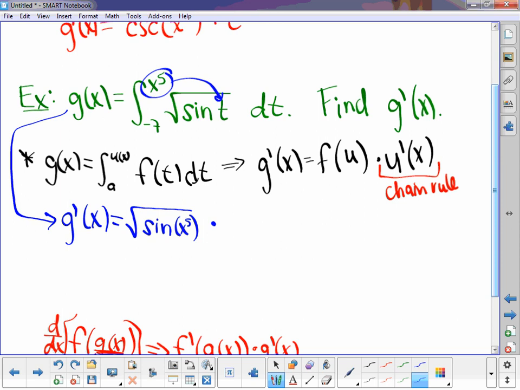And what's the derivative of x to the fifth? That's all that changes. We're still taking that, putting it in, but I multiply by the derivative of the inside. Oh, 5x to the fourth, thank you. We're doing the derivative of the inside, where this is my inside.